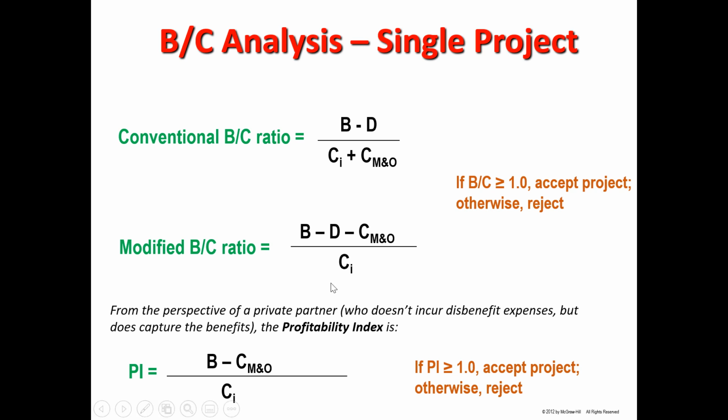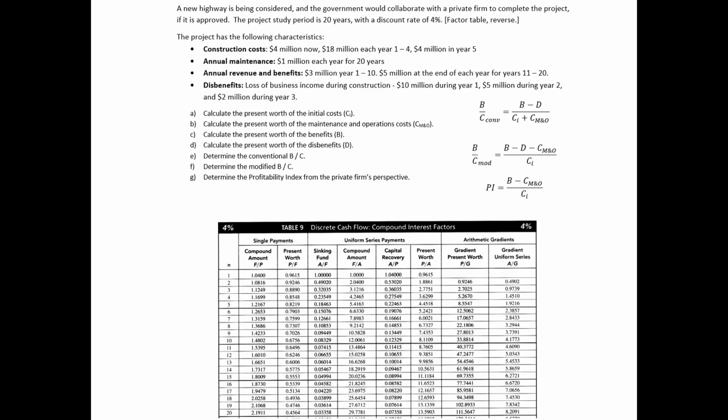So that's another way we can apply these similar ideas, where you want, in the numerator, the benefits of the project, and in the denominator the costs, and the decision criteria is that if you get more than $1 of benefits for $1 of costs, then the project is potentially acceptable.